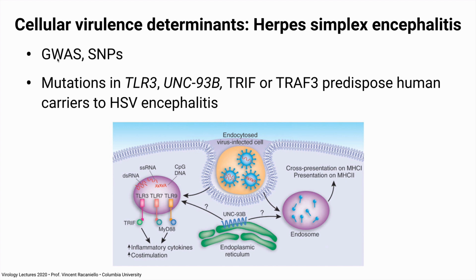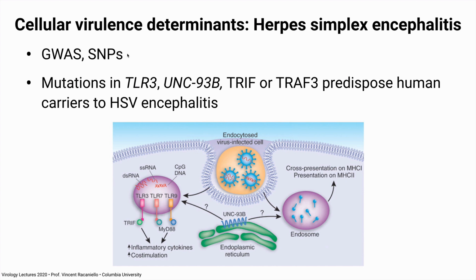And you hope to identify single nucleotide polymorphisms, changes in genes that are associated with that virulence phenotype. We call them SNPs because in a population of humans, the genome sequence varies among individuals, and you can get many different sequences at any particular codon. So they're called single nucleotide polymorphisms that can lead to amino acid changes.